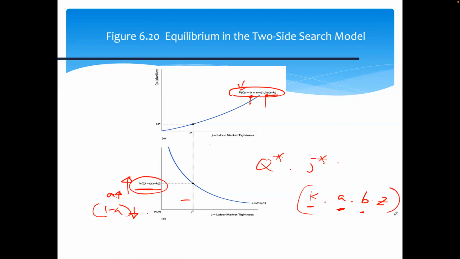B is the unemployment benefit. Z is the technology, like production. Given those parameters, the firm is going to decide, or from the firm side, you can see what's the labor market tightness. Now, given the labor market tightness, immediately we are going to find out a Q star.